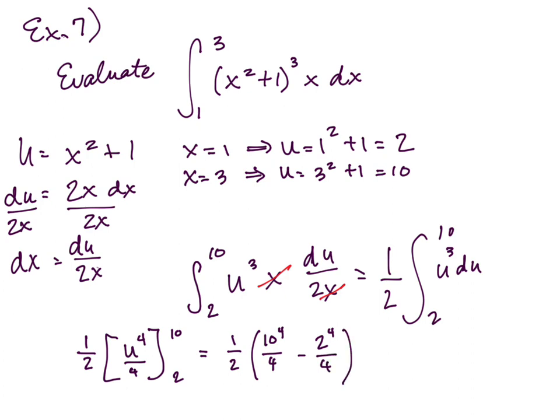Right? F of b minus F of a, F of 10 minus F of 2. Is 10 to the 4th 10,000? Probably. So half of 10,000 fourths minus 16 fourths.